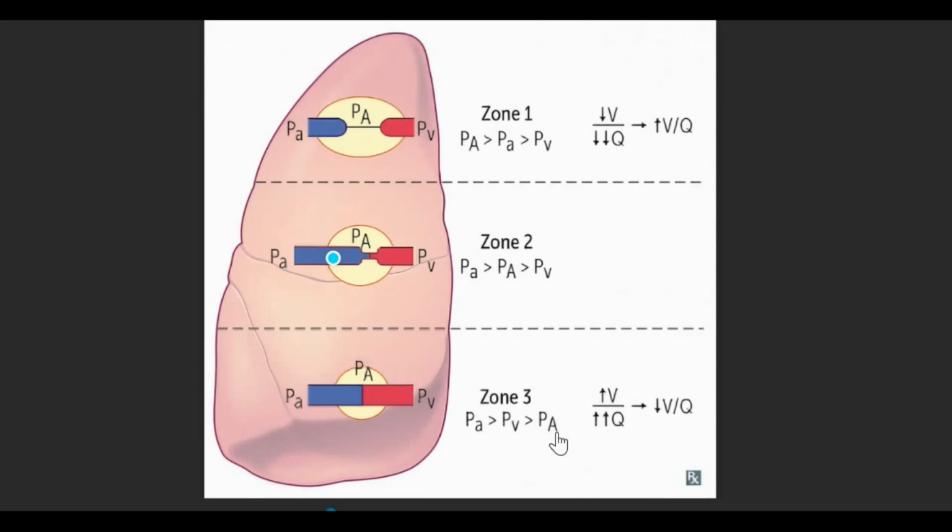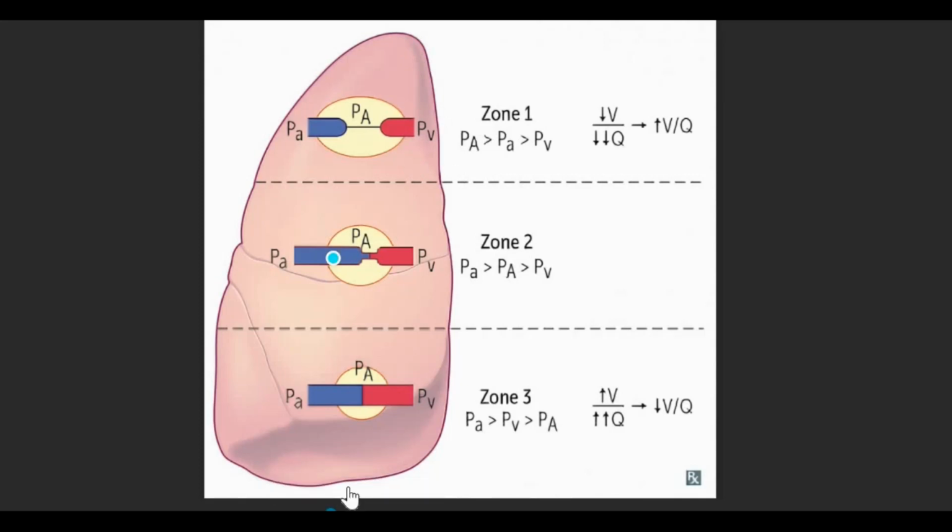So to summarize, in lungs, ventilation increases from apex to base, perfusion also increases from apex to base. But for gas exchange, we look at the VQ ratio. VQ ratio actually drops from apex to base.